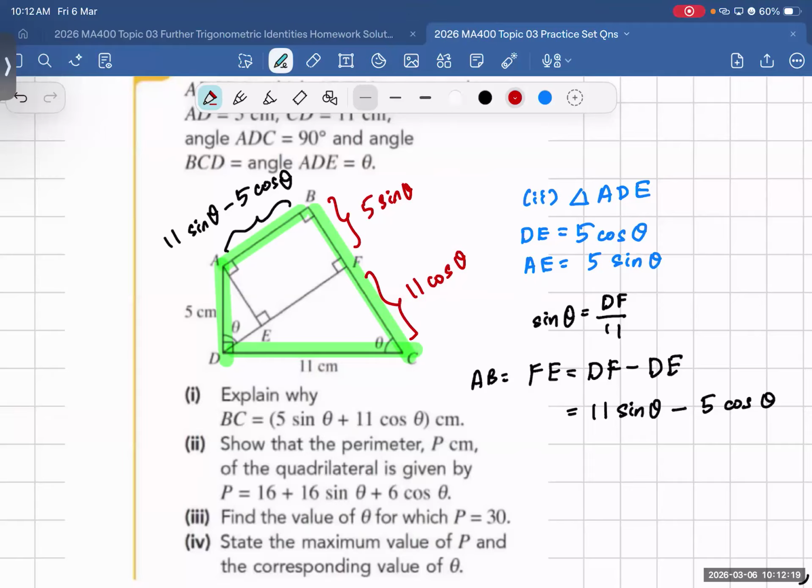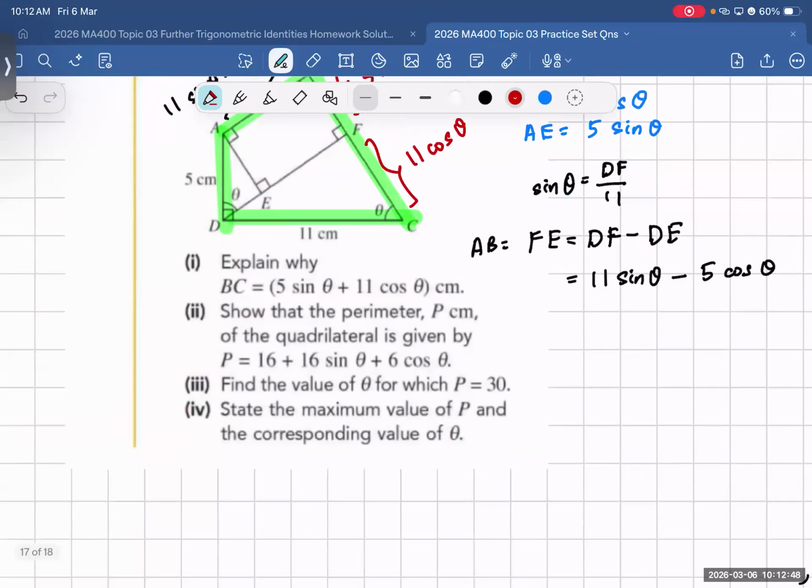No one seems to be looking and writing, so I'm going to go down to part 3. What's the answer for part 3?